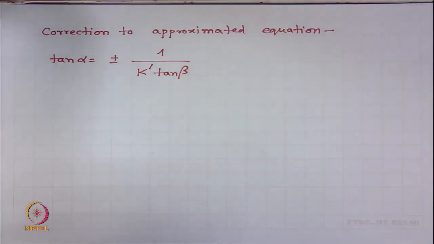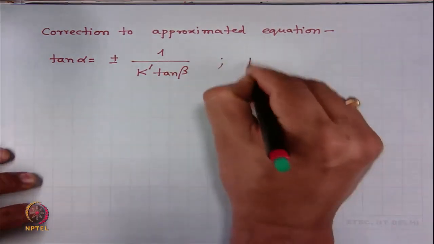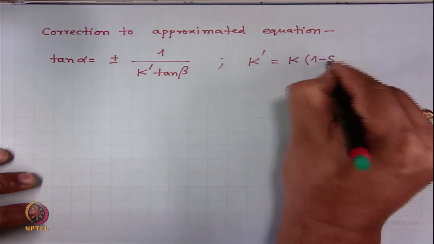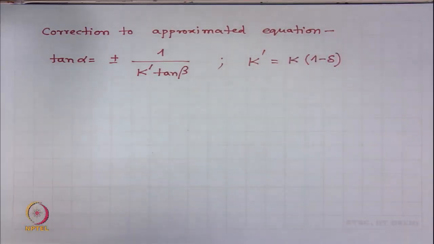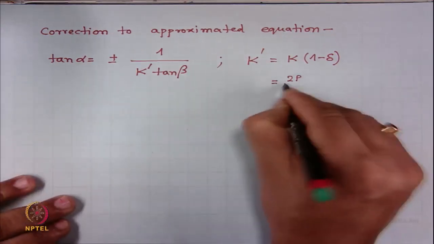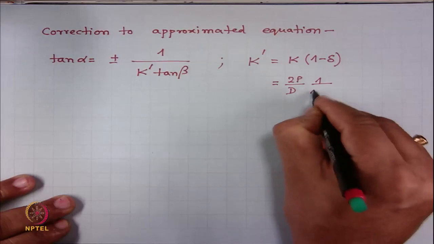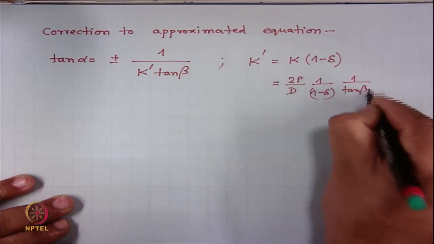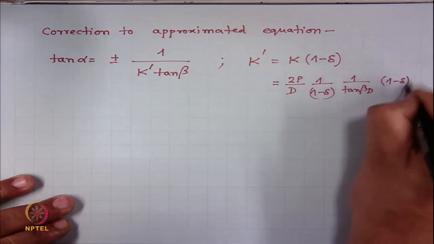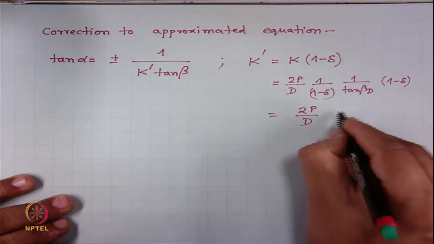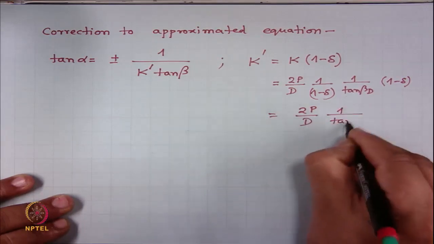Instead of k, we consider k prime. What is the relation between k prime and k? K prime is equal to k into 1 minus retraction. K was 2p by d, 1 minus retraction, 1 by tangent of beta d, into 1 minus retraction. So, 2p by d, 1 by tangent of beta d.